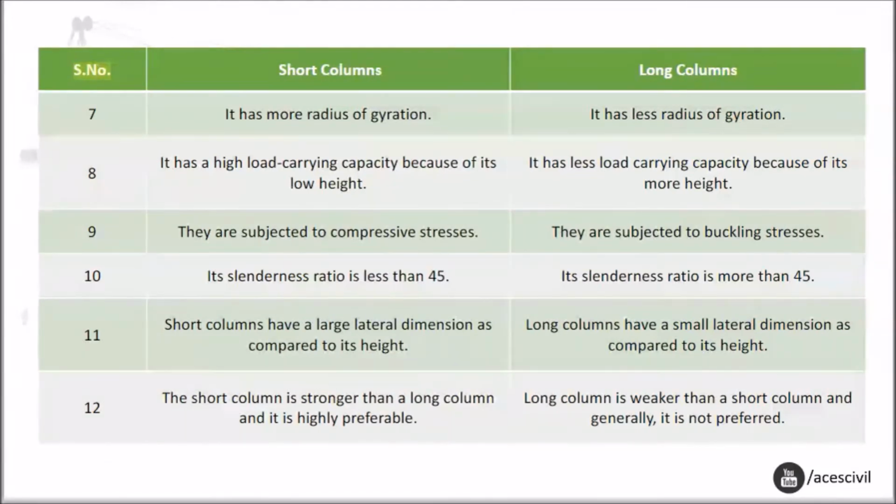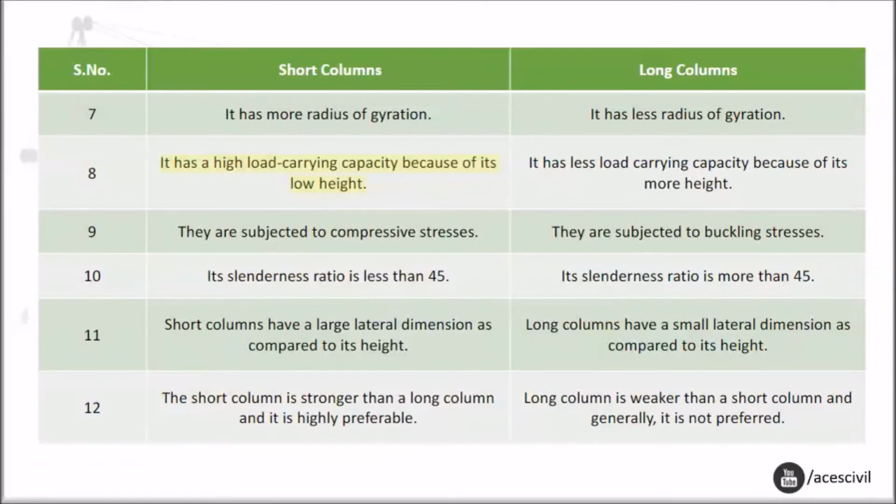Short columns. Long columns. 7. It has more radius of gyration. It has less radius of gyration. 8.